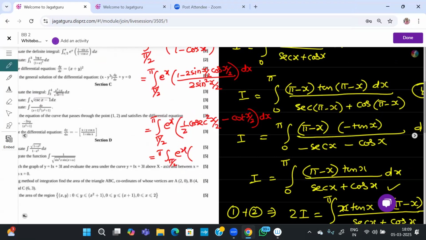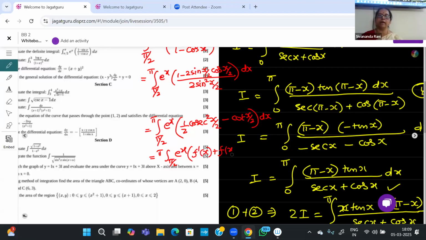They can be expressed in terms of f of x and f dash of x, right? Very good. Yeah, it reaches that state, isn't it? F of x plus f dash of x. But what you need to realize is that this is your f of x and this is your f dash of x. So your answer must be e power x into f of x, between the limits pi by 2 to pi.